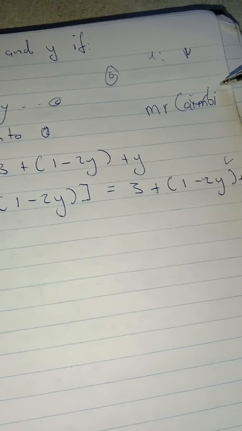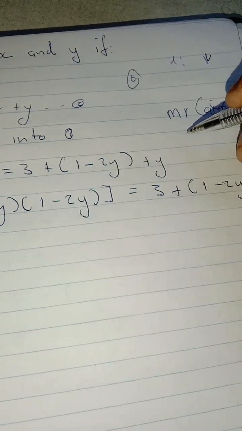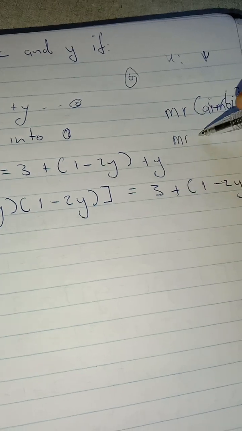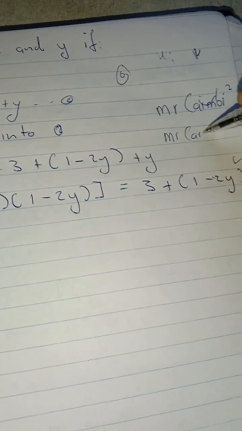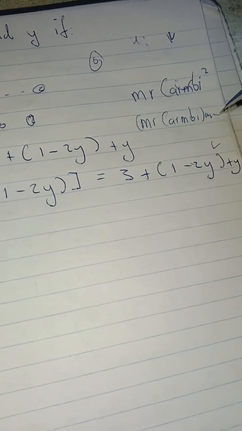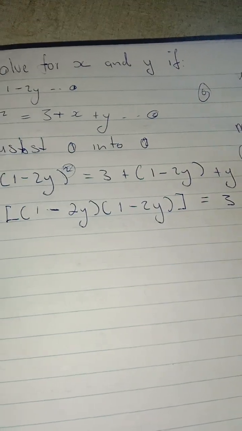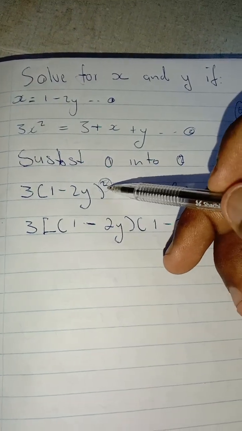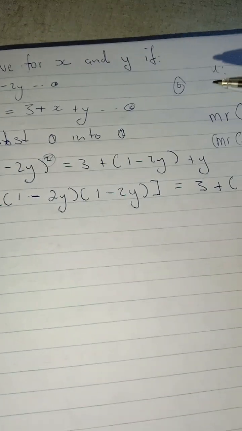So it's gonna be Mr. Carmbi squared. So in other words, it's gonna be like this: Mr. Carmbi bracket and another Mr. Carmbi. It simply means that we have these two on top of the bracket.